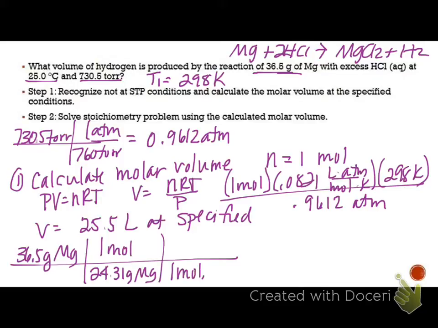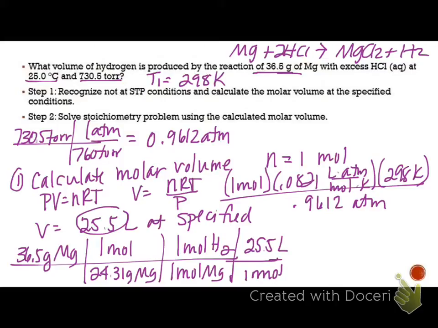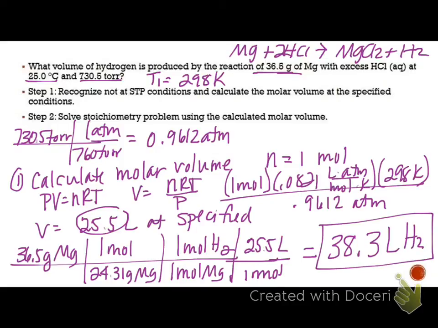Same mole ratio, 1 mole of magnesium to 1 mole of hydrogen gas. And this time, instead of using the 22.4, because we're not at STP, we're going to use what we calculated here: 25.5 liters per mole. Then we calculate that, multiplying the top, dividing by the bottom, and it's 38.3 liters of hydrogen gas. So that would be that answer. And that's the end of this lesson, and we only have one more for this unit.